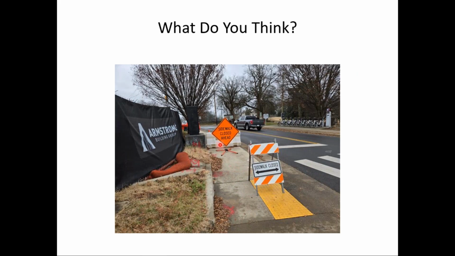So that way the panel is attached to the barricade, so we don't need a separate support for that. So that way we close the sidewalk. We also provide notice that the sidewalk is closed, but I'm not sure then this barricade or this sign would really be needed.